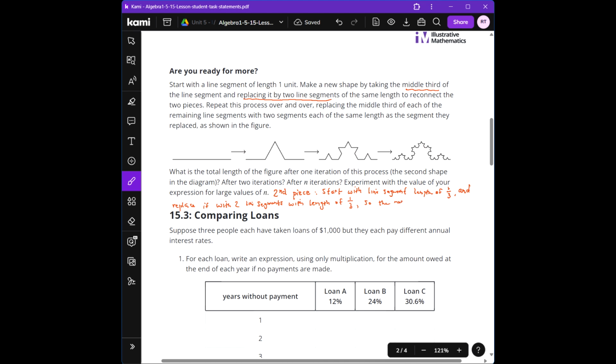So the new length is 1 minus 1/3, plus our 2/3, here and here, which is equal to 4/3.